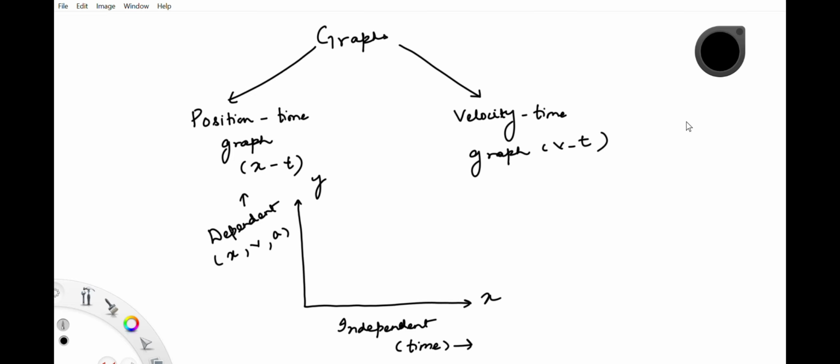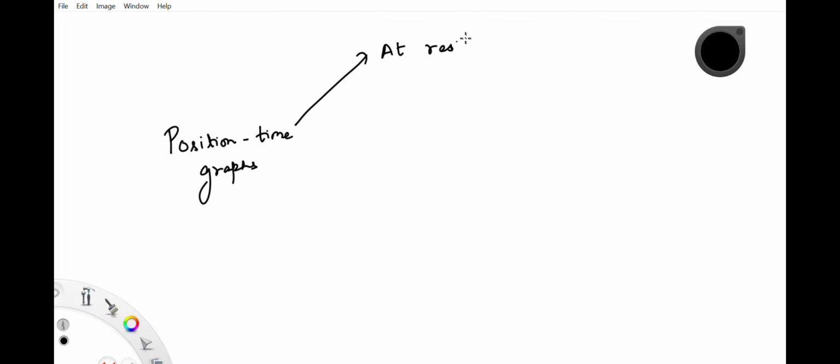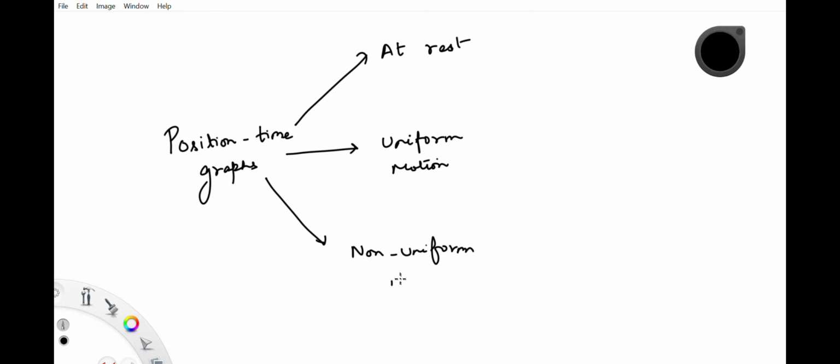Now let us explore both the types of graphs. If I talk about position time graphs, we'll be drawing position time graphs for bodies at rest, for bodies in a state of uniform motion, and for bodies in non-uniform motion.